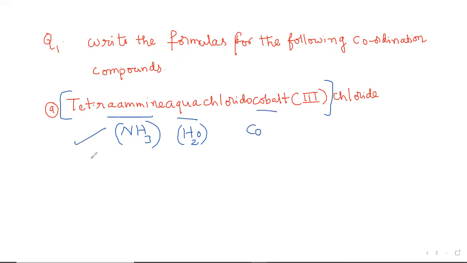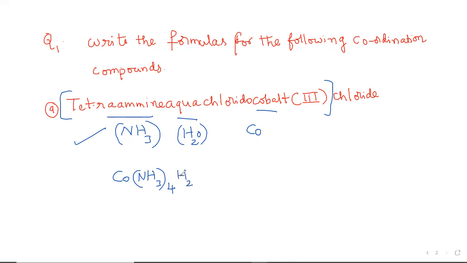So whenever the name is given like this, we write the formula starting with the central metal, then the ligands. Tetra means there are 4 NH3 ligands, and H2O is there.